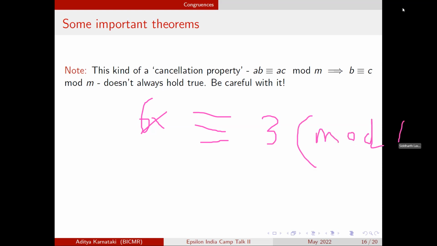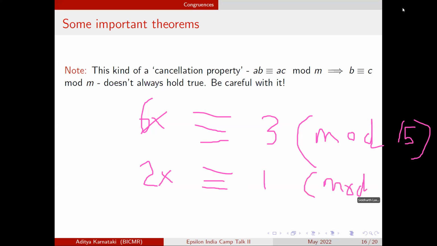Changing the modulus is a more fundamental change in the operation. Here we needed to change the modulus. So make sure you have this in mind always. It's a silly mistake to make in some sense.